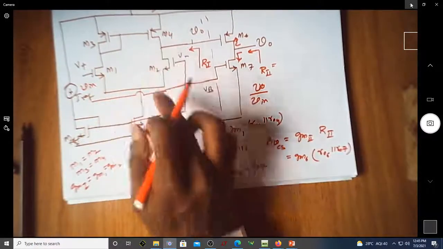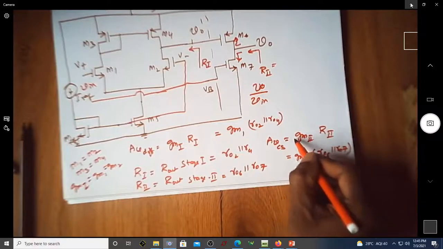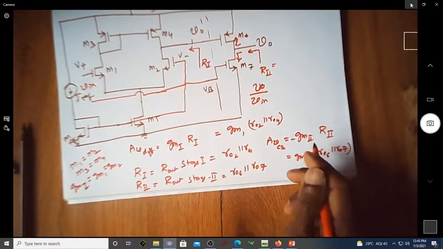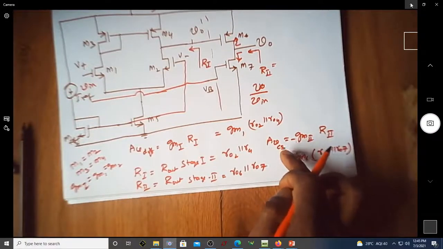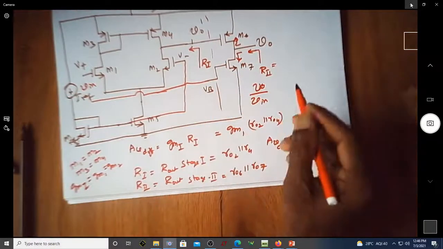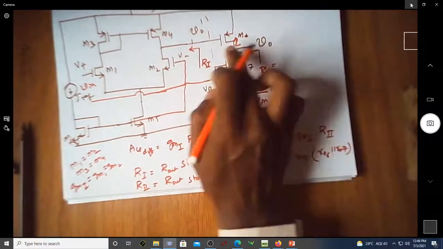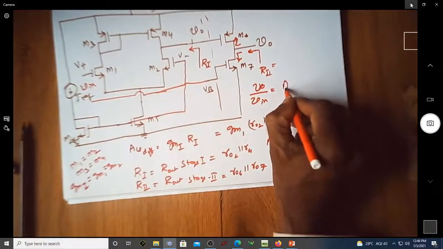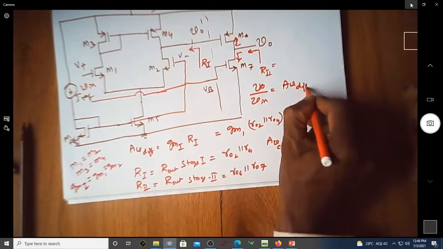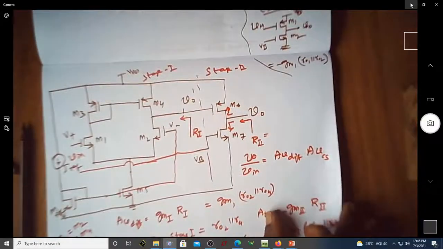AV of CS is actually negative, because we know it is going to have a phase shift of 180 degrees. So I can write V0 by V in as equal to AV of differential amplifier multiplied by AV of CS amplifier.